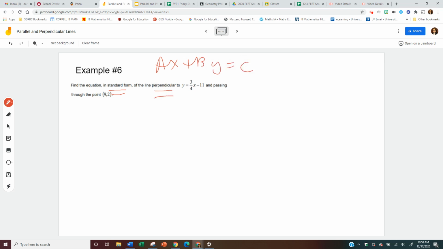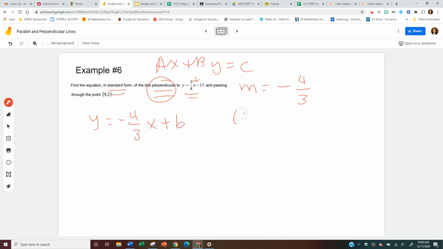We want this perpendicular to this equation here. So that means that a perpendicular slope has to be opposite. Since this is positive, my slope is going to be negative, and the reciprocal of 3/4 is 4/3, because that's what perpendicular lines do. Okay, so my equation starts off y equals -4/3 x plus b.